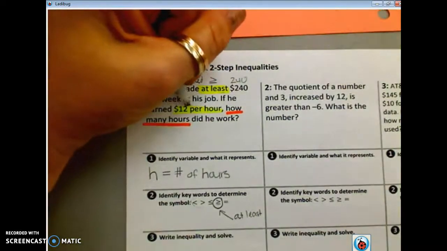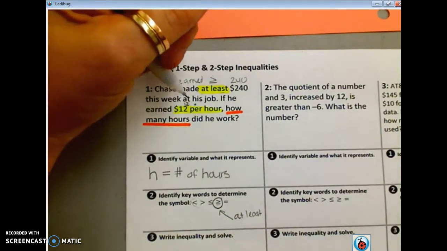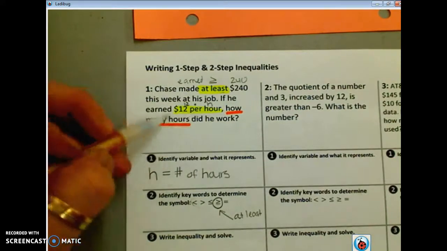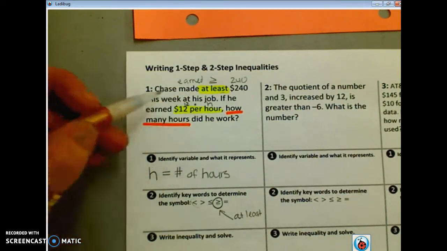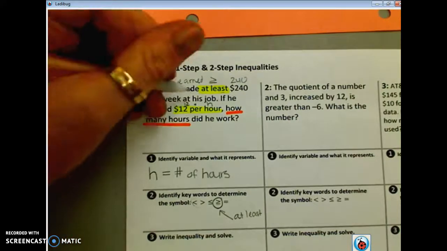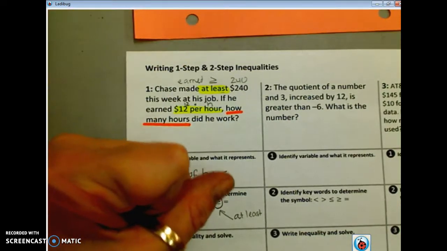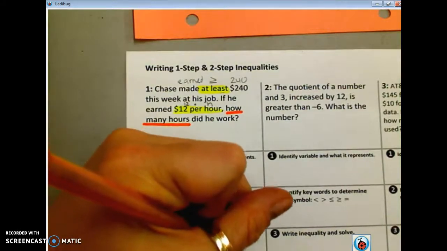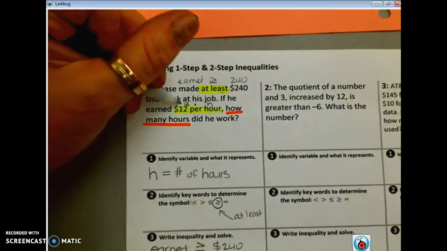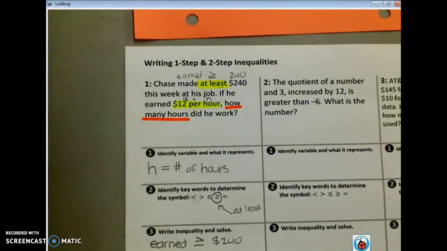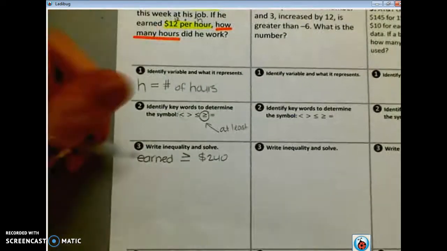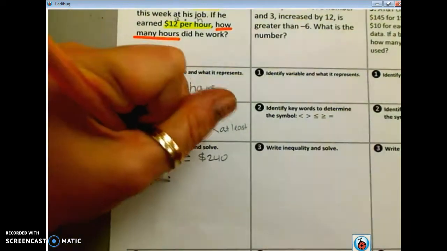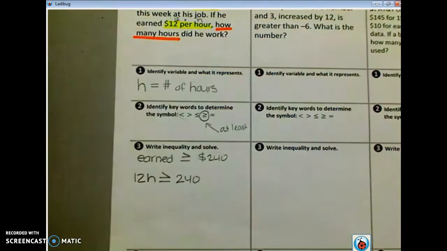Remember 12, and then per means to multiply, and hour is what we're trying to find, so we're going to use that H. In your problem, you can be acting out what you're going to be doing for your inequality. Now we can put it all together. What he earned, I'm just going to write it out in words, is greater than or equal to $240. Now I'm going to write an expression for what he earned. He earned $12 per hour, so 12 times H is greater than or equal to 240.